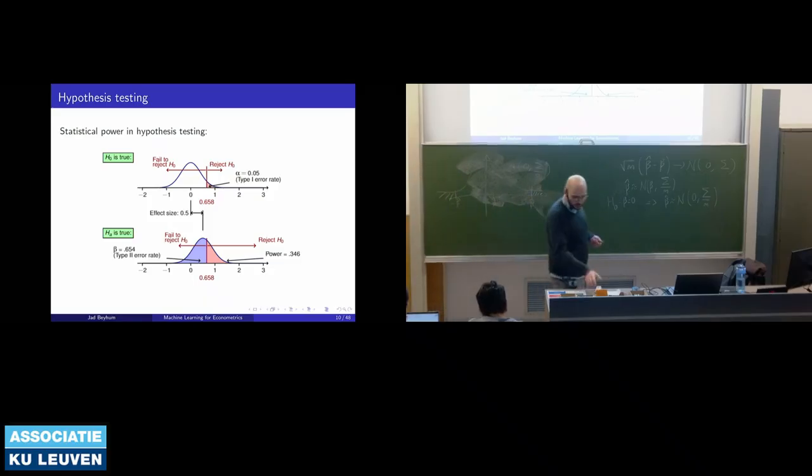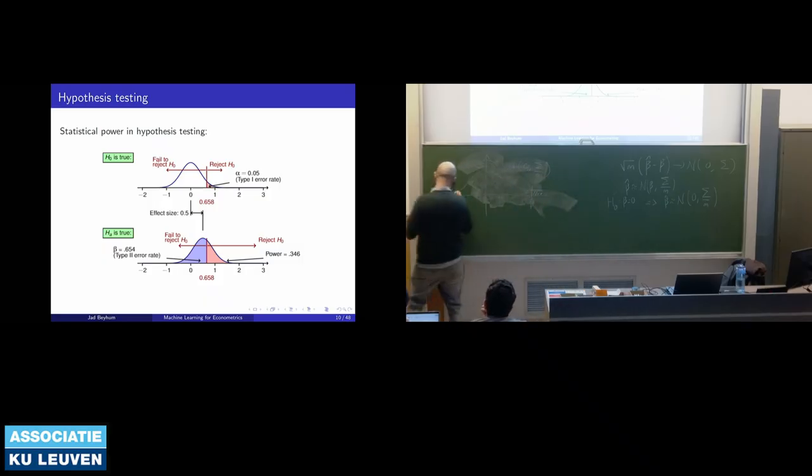So to measure the degree of confidence in H0, we use the p-value. The p-value is just the probability under the null hypothesis that you would observe a beta hat that is larger in absolute value than the beta hat in your sample. So if this is the beta hat in your sample, these zones here, this is badly drawn, are just the zones where beta is larger than the beta hat in absolute value, and I look at the probability of these zones.